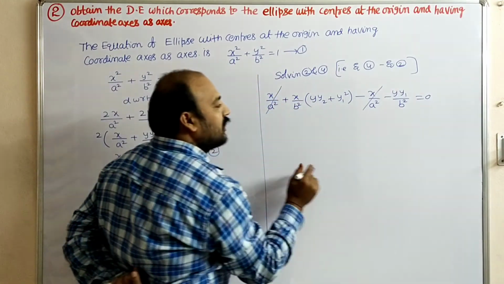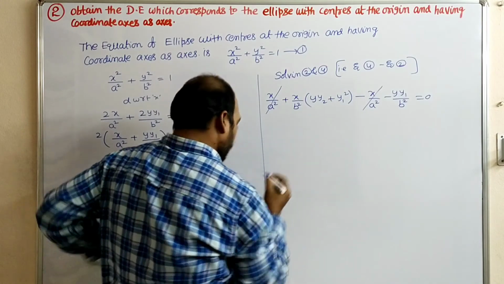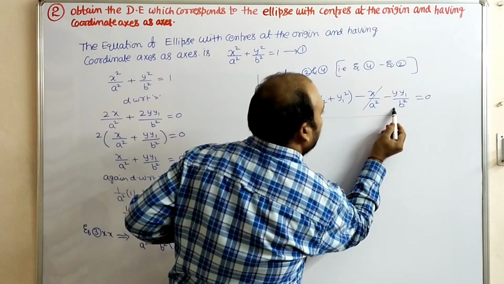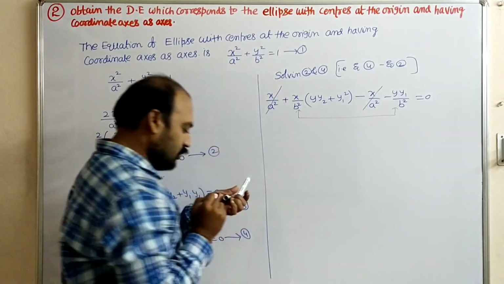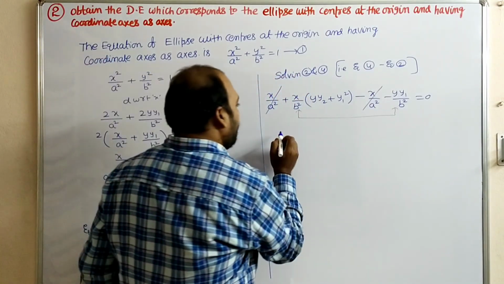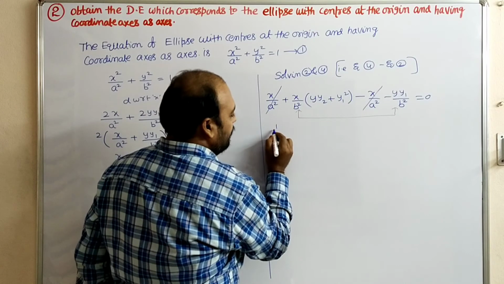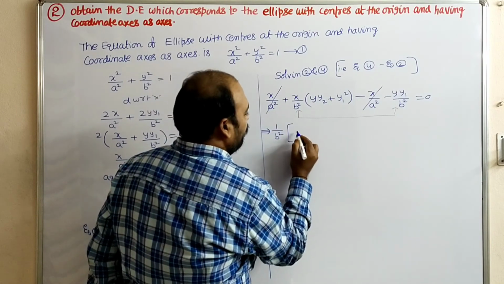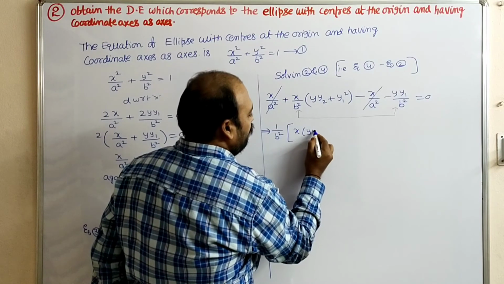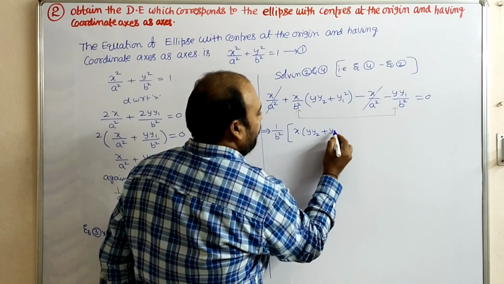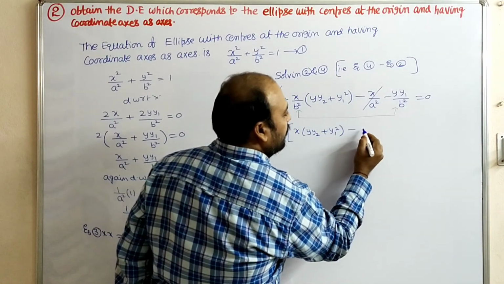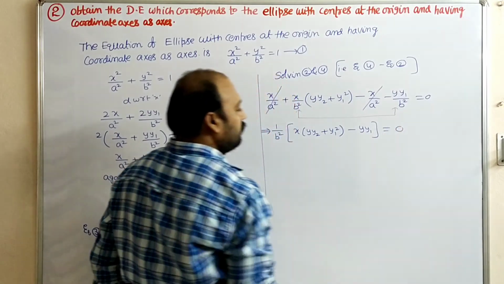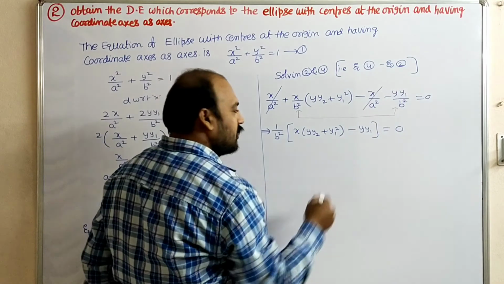From the remaining terms take common 1 by b square. Easy to recognize. If you take 1 by b square common, x into y y2 plus y1 square minus y1 is equal to 0. 1 by b square is a constant, so you can take it to the other side.